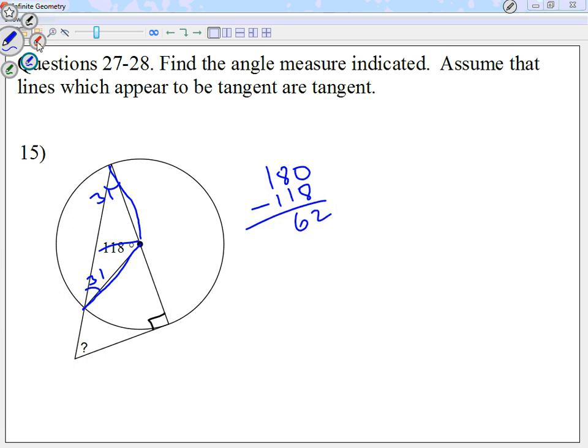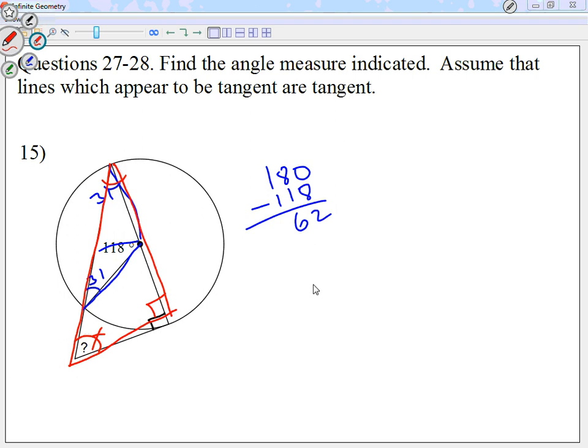Now, let me take a look at the big triangle. I'm going to highlight it in red. You notice one angle is x, because I don't know how big it is. A second angle is 90, and the third angle is 31.